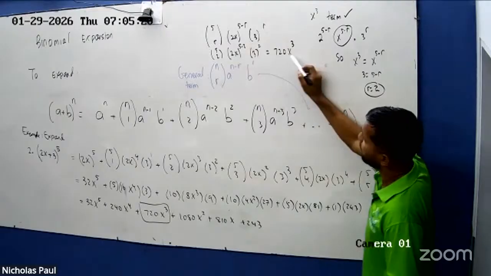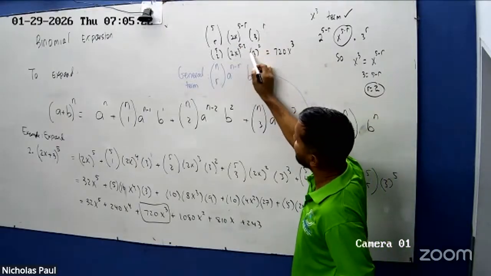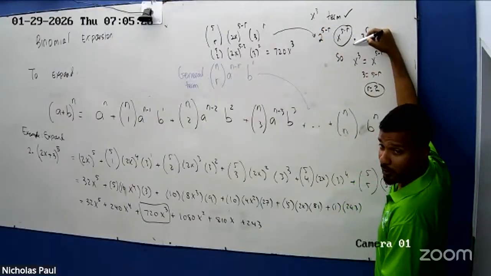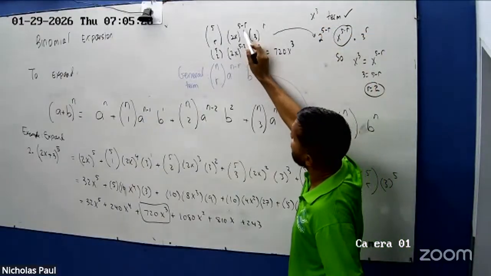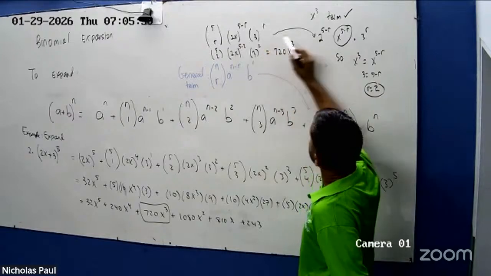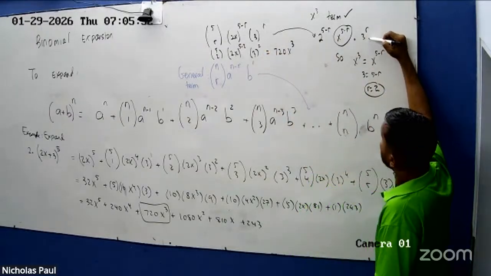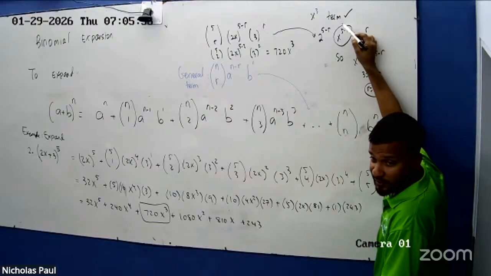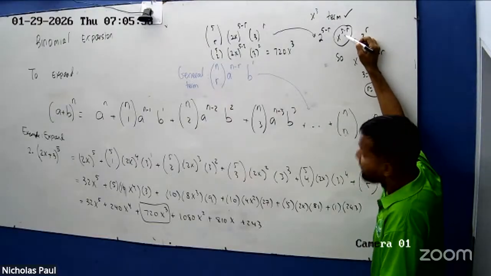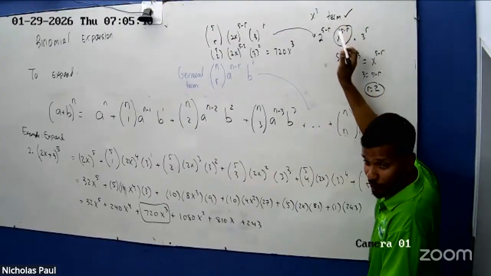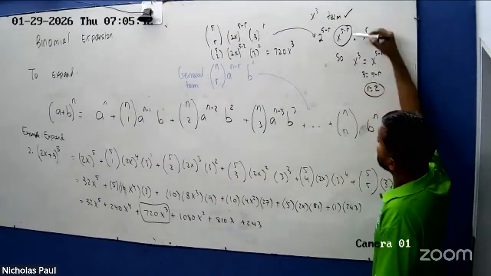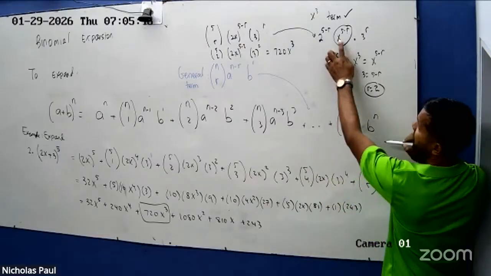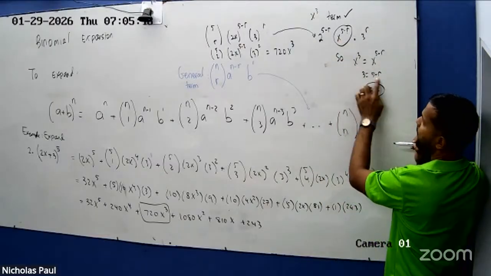So what we're doing is take the right hand side, expand it a little bit, and I got this. I got 2 to the 5 minus r, x to the 5 minus r, 2 to the r. I bring the numbers together, and I'm mainly interested in this part because this controls if I get x cubed or x to the 4th or x to the 5th. So I want this value to be x cubed. I took this and made it equal to x cubed and solved for r.